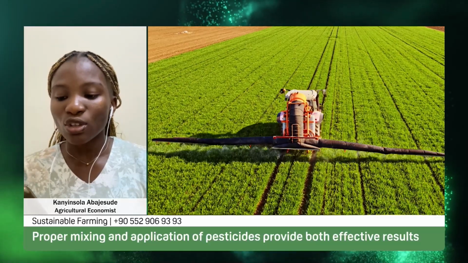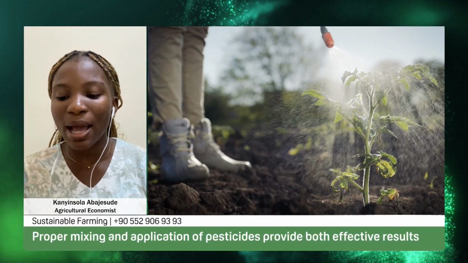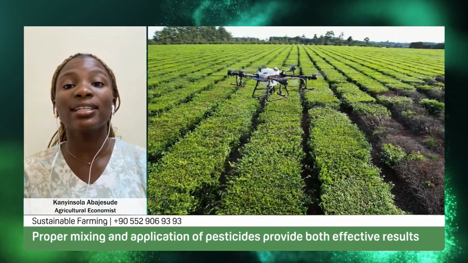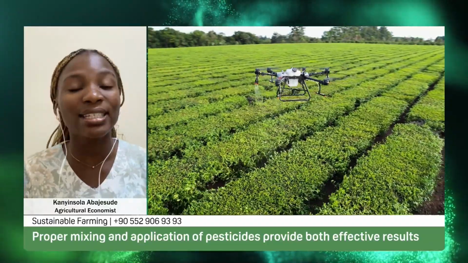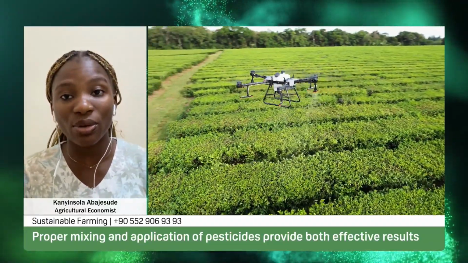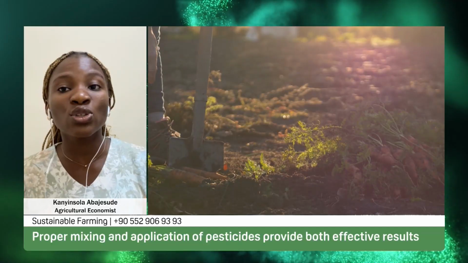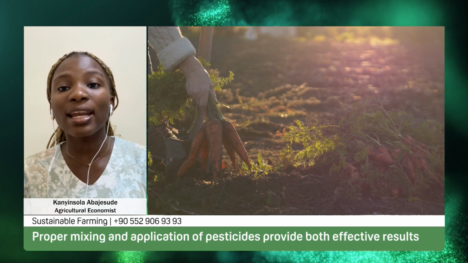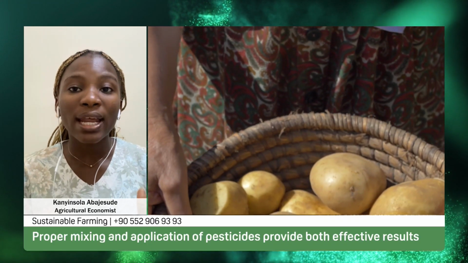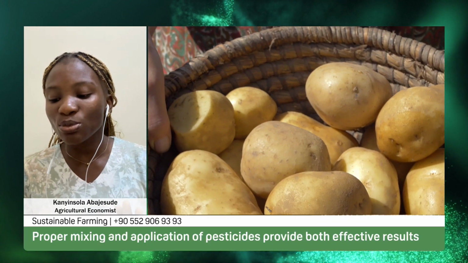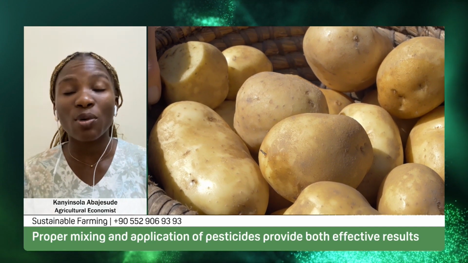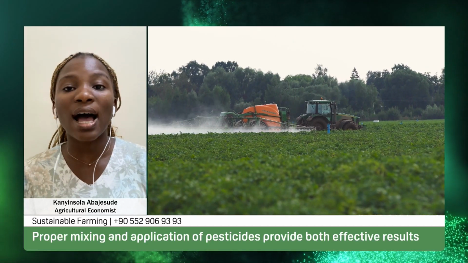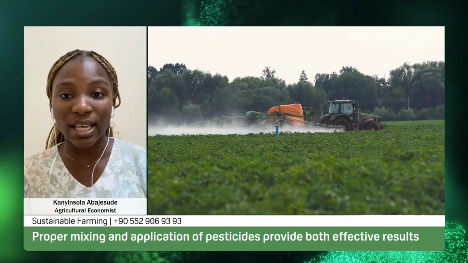Also, you should use a calibrated knapsack sprayer and spray early in the morning or late in the evening. This is to reduce evaporation and protect bees, because bees are safe insects.